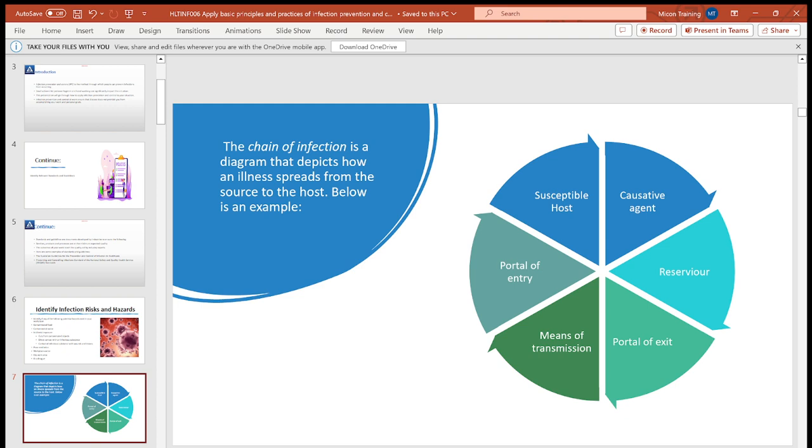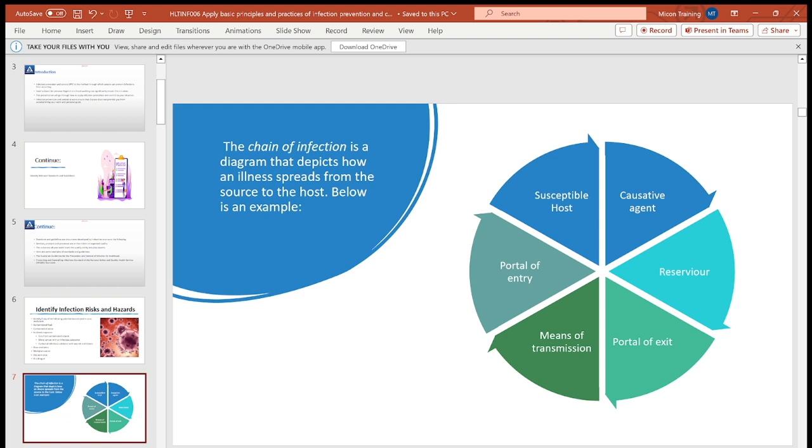What do we mean by this? The chain of infection is a way by which diseases move from one source to another, that is, diseases move from one person to another.